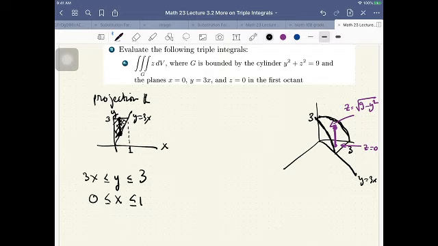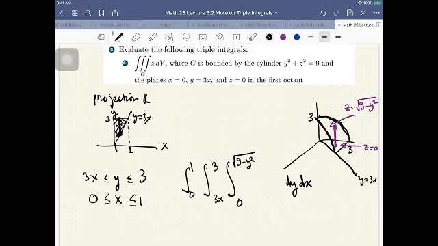So the setup integral will be the integral from 0 to 1, that will correspond to dx, the integral from 3x to 3 corresponding to dy, and finally the integral from 0 to square root of 9 minus y squared corresponding to dz, and finally I just put z here as my integrand. Okay?